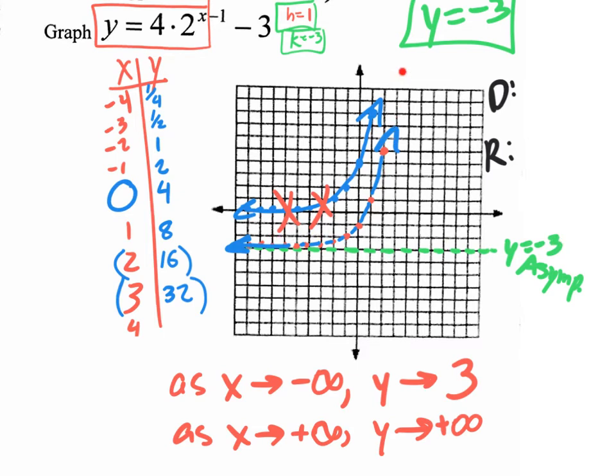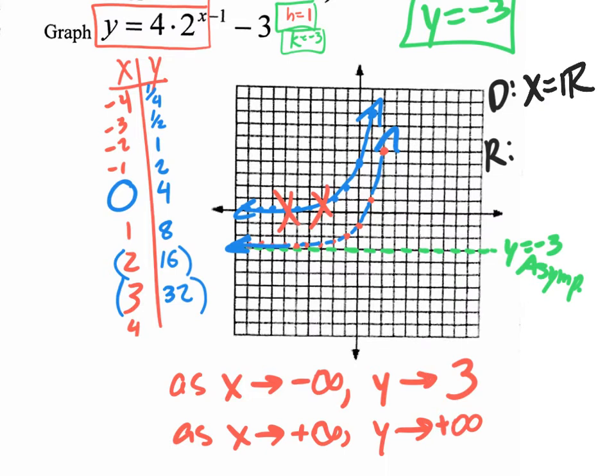Even though it curves up, this graph does exist at +4, at 32, even though it's not shown here. It exists at +4, 64, at +5, 128. So even though it goes up, it continues to go this way forever. So the domain is what? x equals all real numbers. It does go to the left forever. It does go to the right forever.